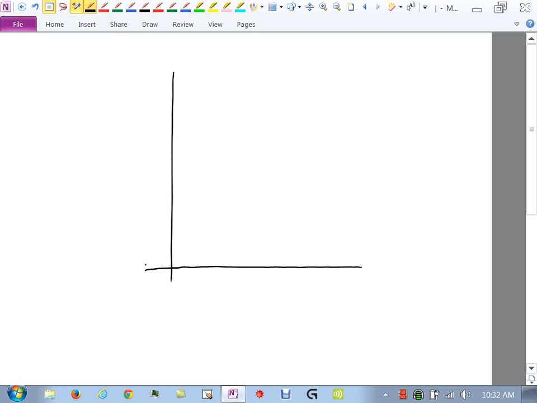I'm going to draw a picture, and I want to see if you can follow me. I'm going to take a little ruler and measure the distance from that dot in the center out this way, and I'll say that distance is x. Then I'm going to measure another little distance from there to here, and call that y.